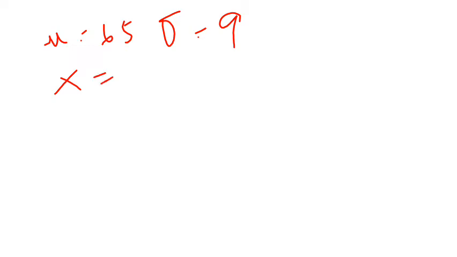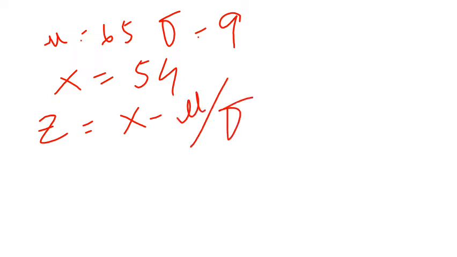Here I can give you some more examples. Let's say mu is 65 and we have sigma 9. We want to transform x of 54 into z units. This data will be given. The formula is z equals x minus mu divided by sigma.